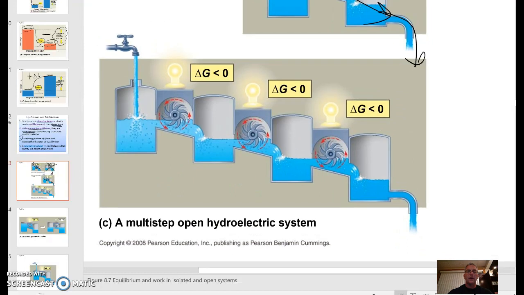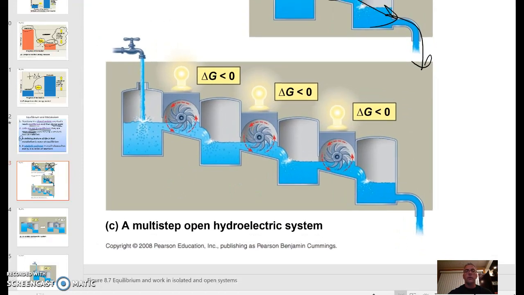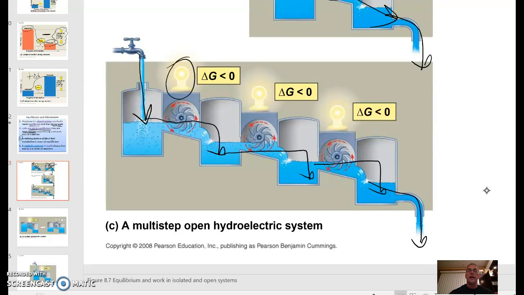Probably the more accurate analogy for a living organism is that these steps are incremental. So we're not going to have a one step and done type of thing. So you can see that you have your input of energy and you have your output of energy. And as it goes through here and we step down through these different stages, we're going to notice that there is a release of free energy that allows us to do work.